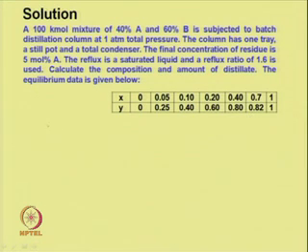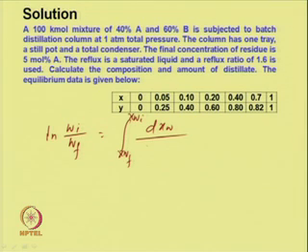Then the integral equation we know: ln W I by W f is equal to the integral from x w f to x w I of dx w divided by x d minus x w, and the reflux ratio is given as 1.6.